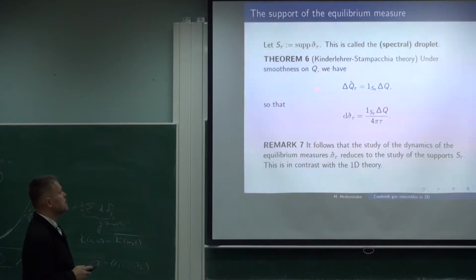And what it means is that the equilibrium measure is indeed a nice measure with smooth density, except that it's a cutoff of a smooth density.